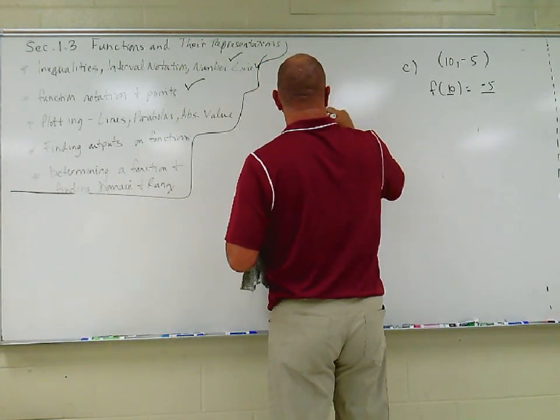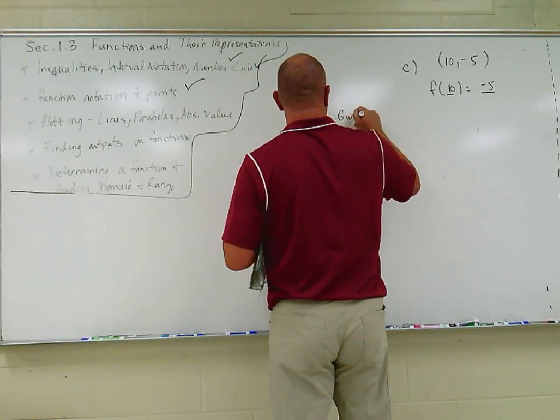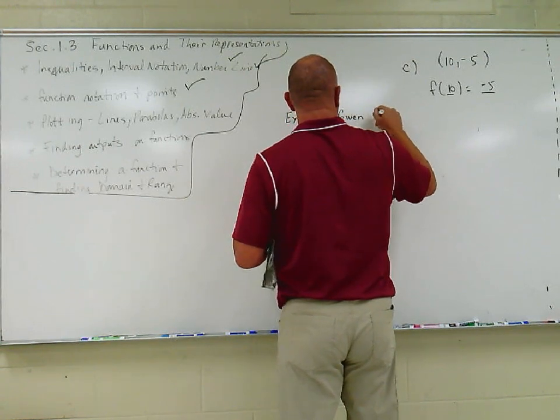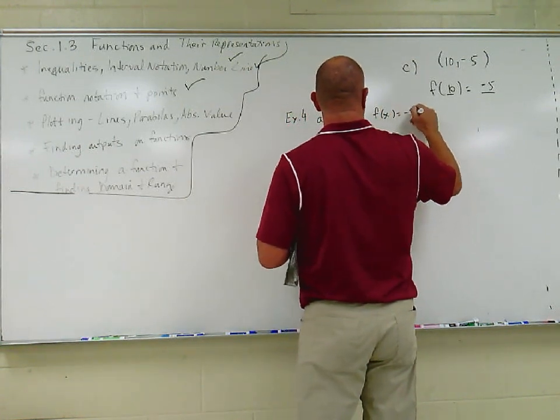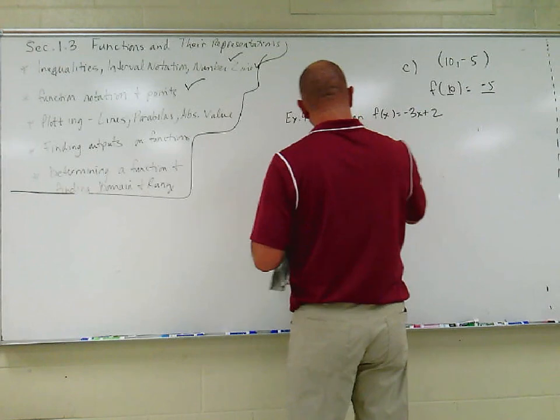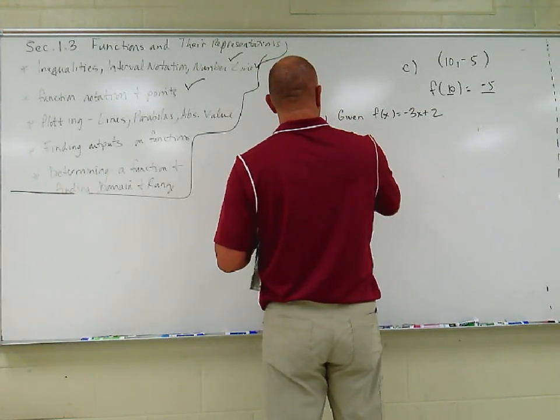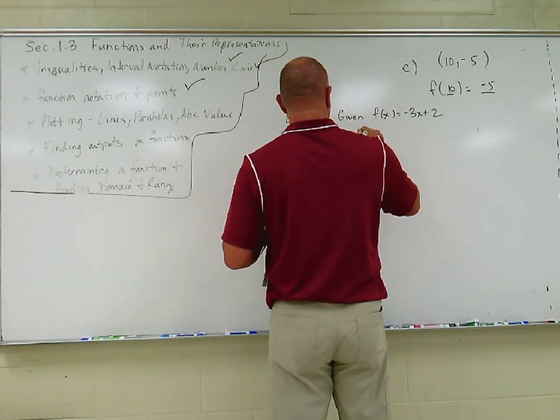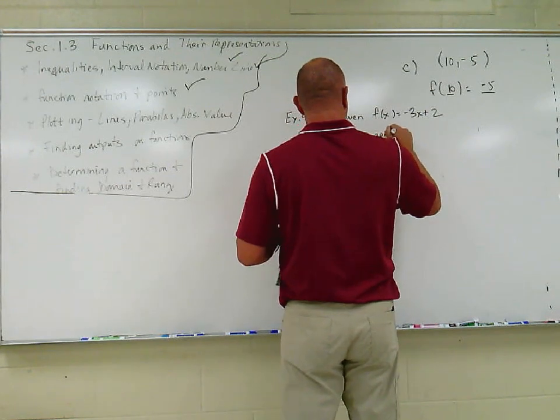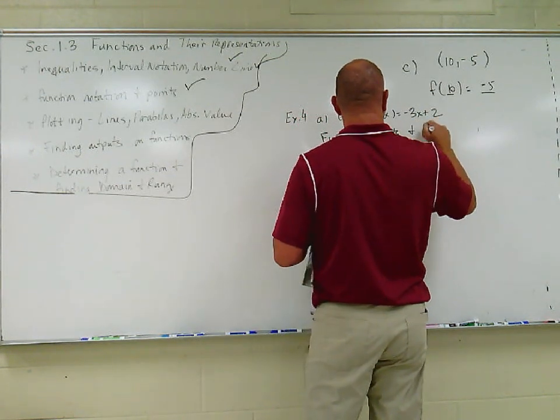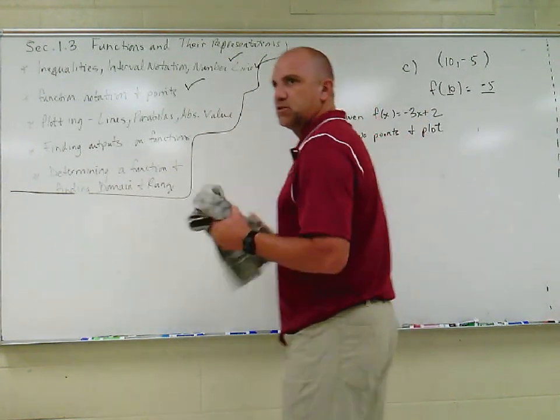All right, so part A, we'll just say given f of x is -3x plus 2, find 2 points and plot. Why for a line would I only say find 2 points?